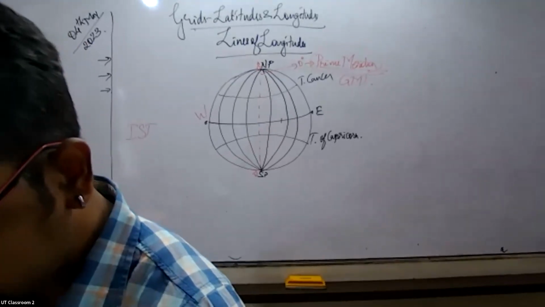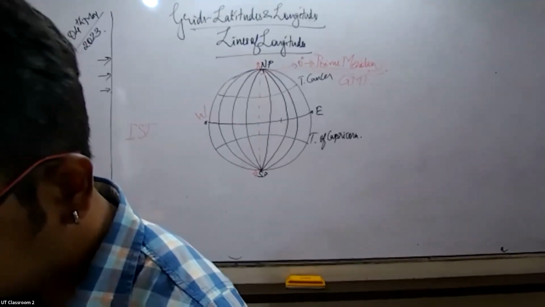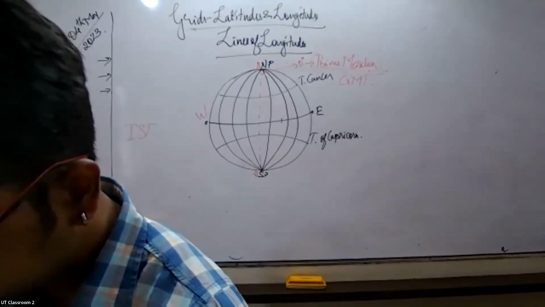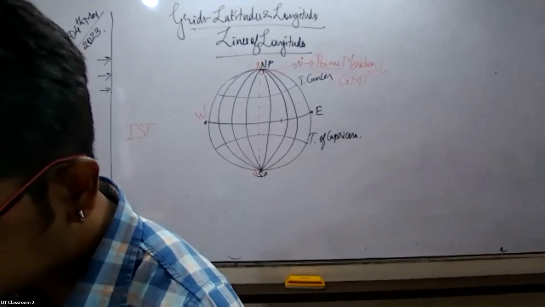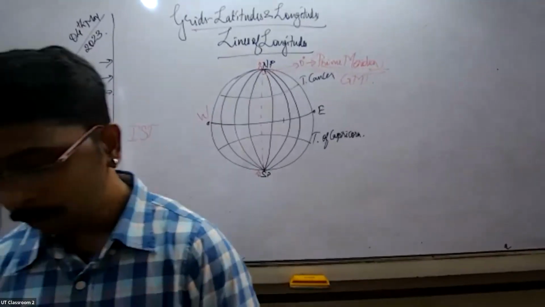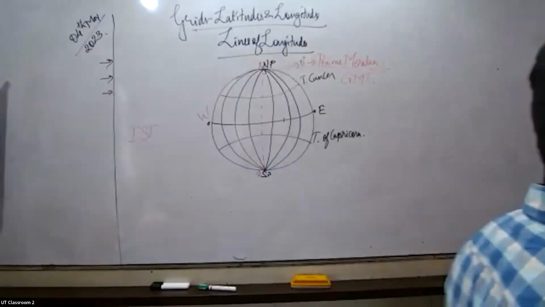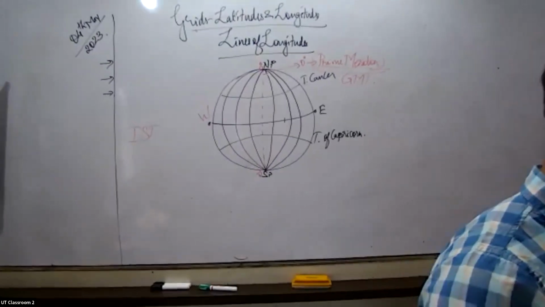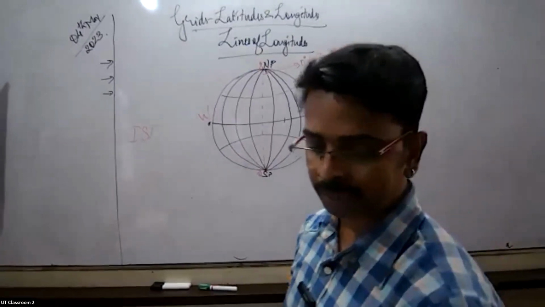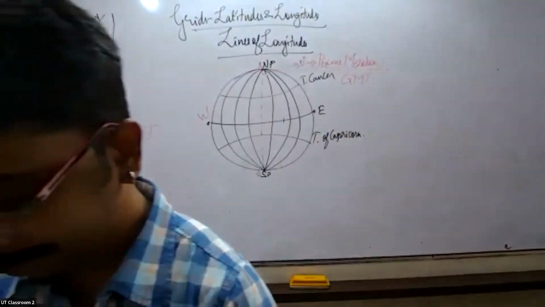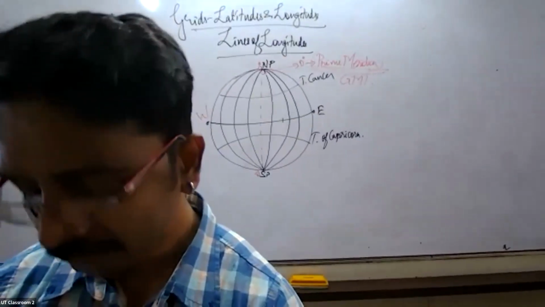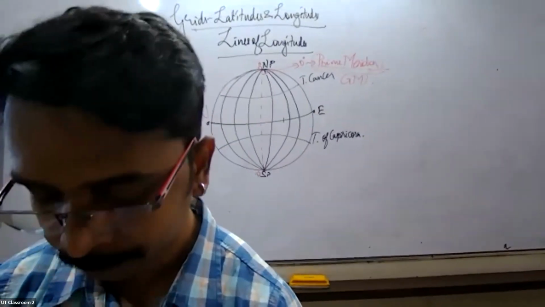The longitude is the angular distance of a place, east or west, of the prime meridian.